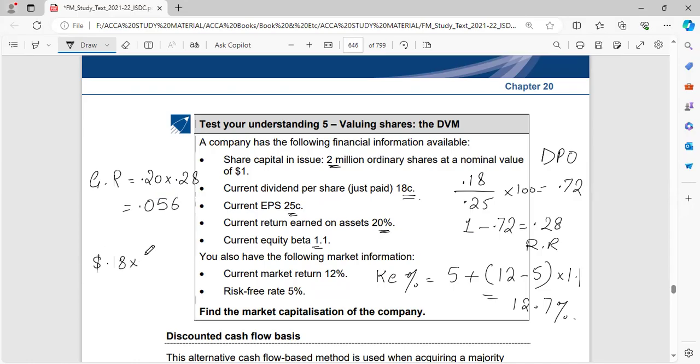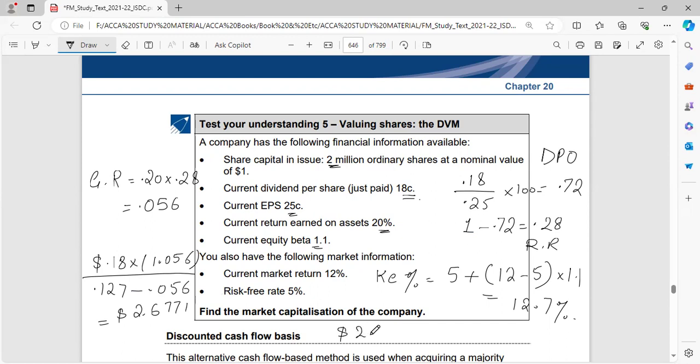0.18 into 1.056 divided by 0.127 minus 0.056, so we have share price of 2.67771.